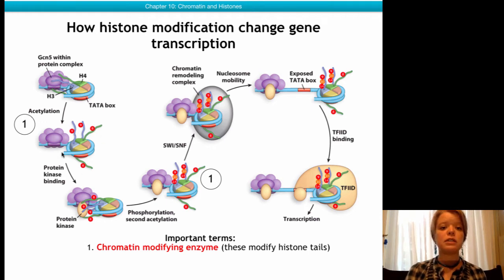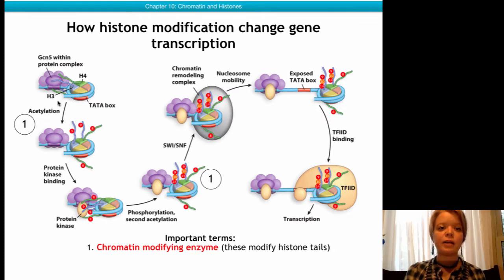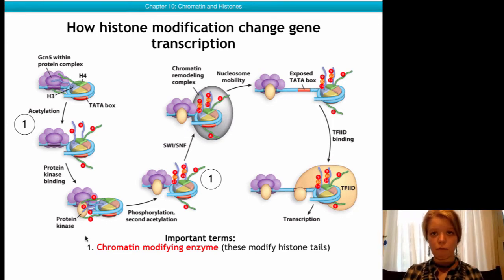Now that there are these acetyl groups in the location, this is the binding site needed for this particular protein kinase to recognize this histone. The protein kinase cannot bind to the H3 and H4 tails unless they're acetylated. Only the acetylation in this area makes it a binding site that this particular protein kinase can recognize.